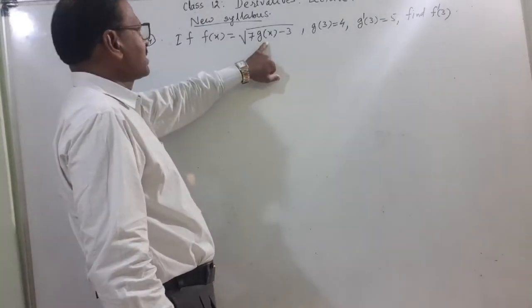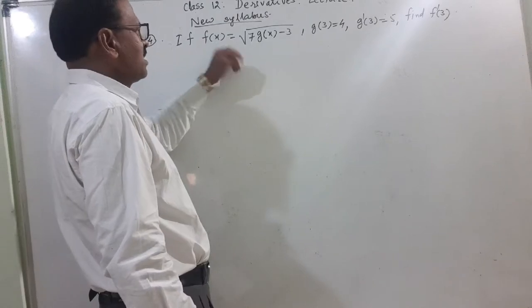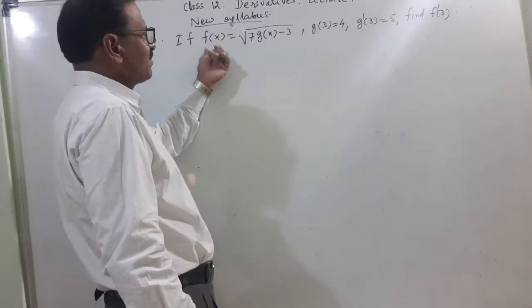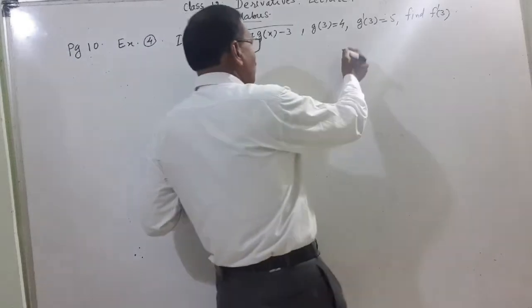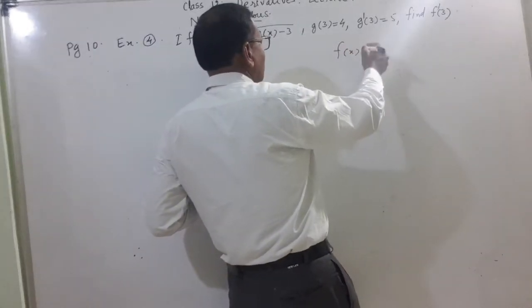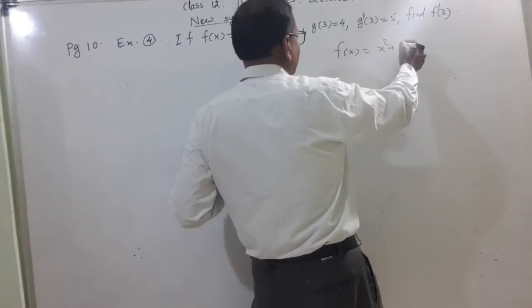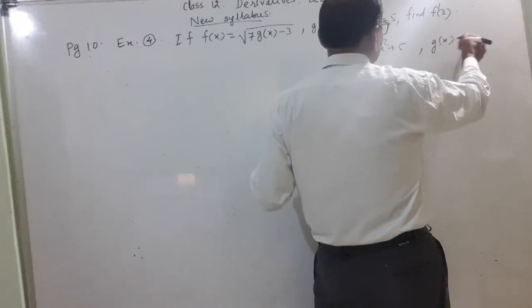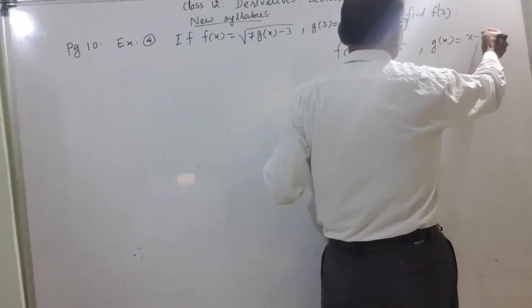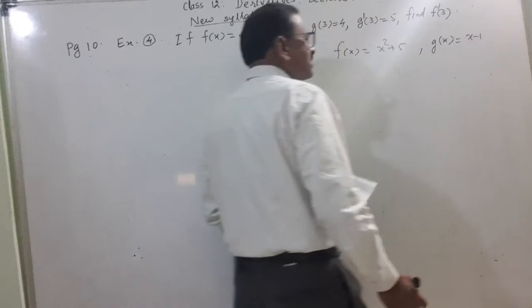Here this is g of x and this is f of x. F of x is given in terms of g of x. Suppose f of x is equal to x square plus 5 and g of x is equal to x minus 1.